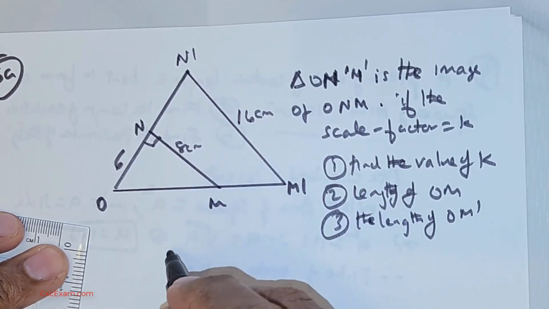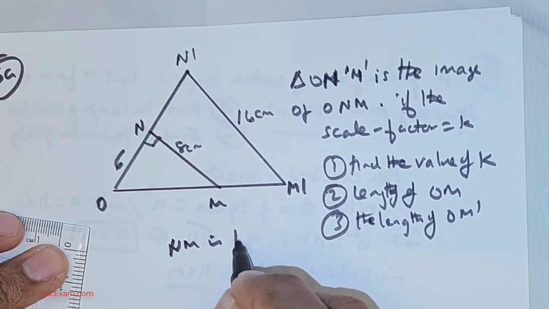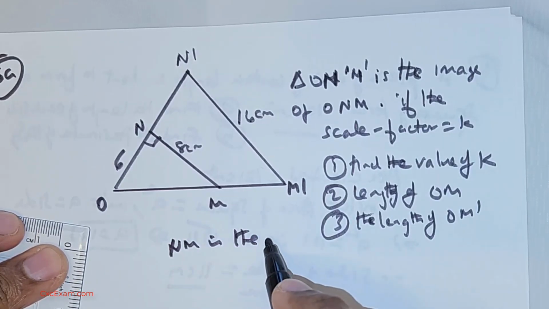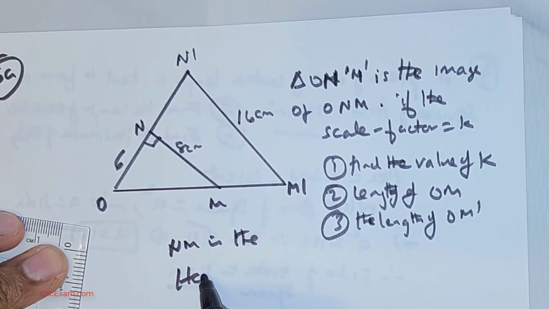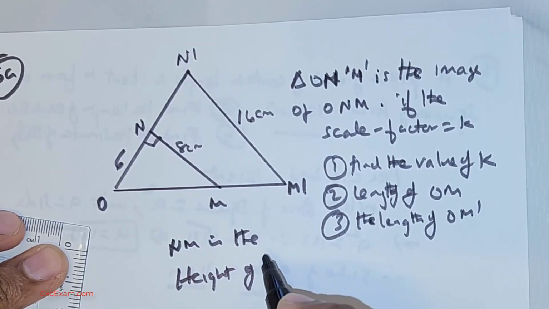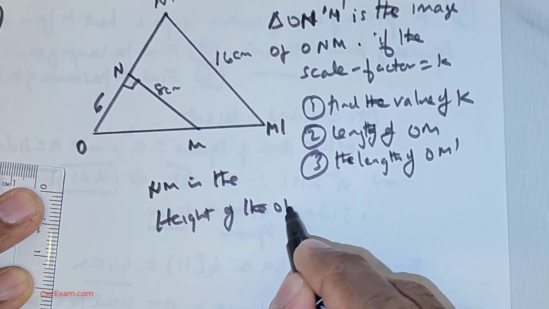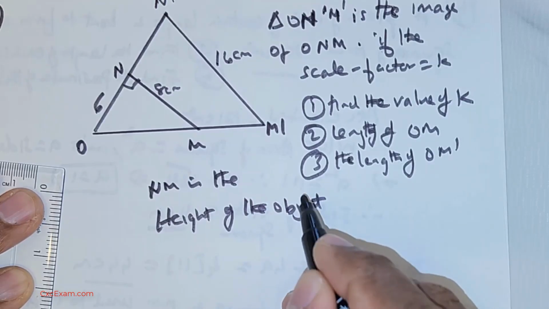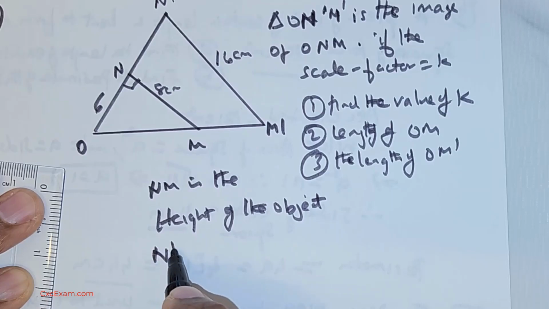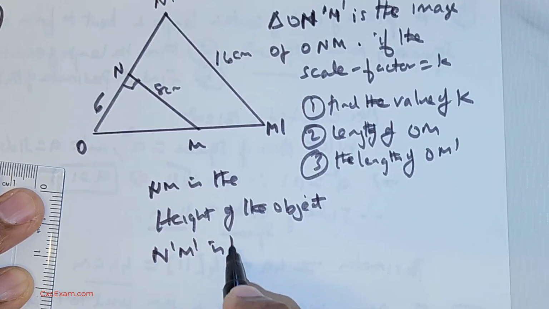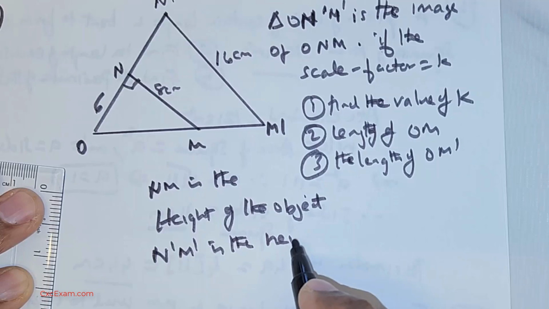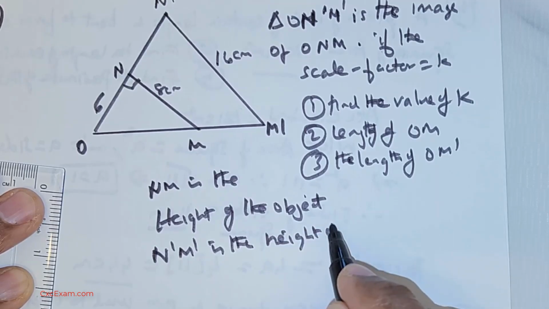Now NM is the height of the object, and N dash M dash is the height of the image.